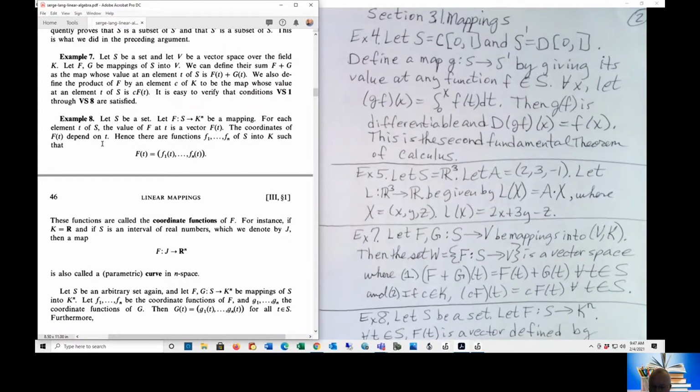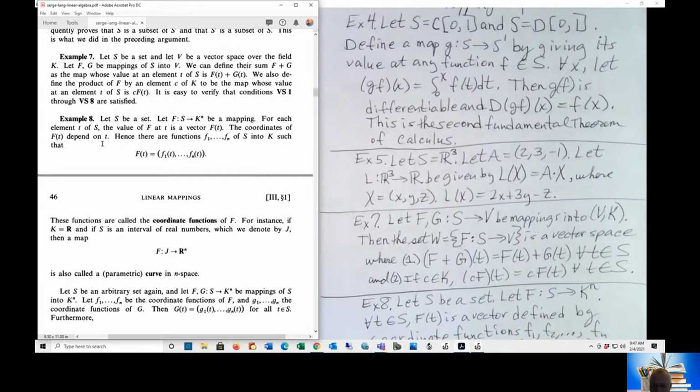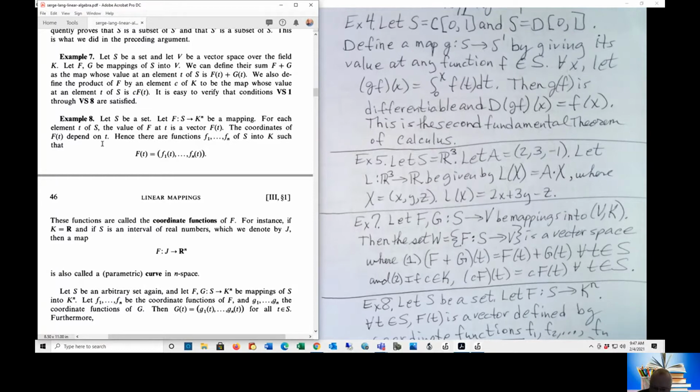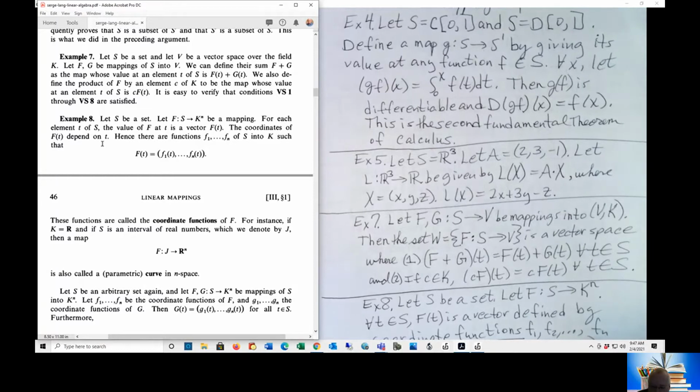Addition of functions is defined in the usual way, that is, element by element. f plus g of t equals f of t plus g of t for every t in S, and whenever c is a scalar, cf of t is c times f of t for all t in S. So that's the normal definition of adding functions and multiplying functions, or mappings rather, by scalars.